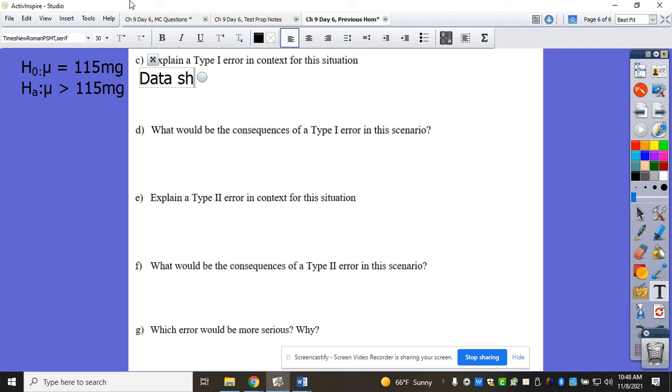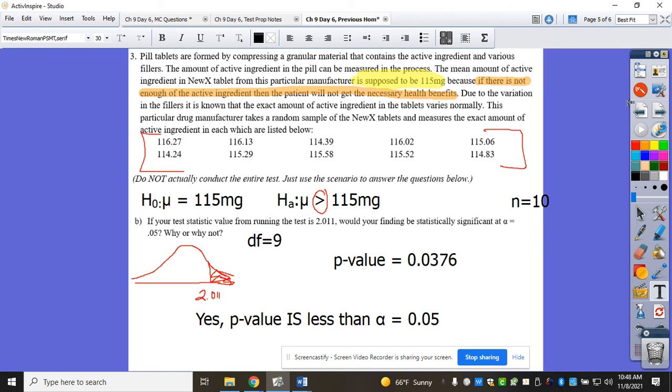And so why would we reject? So the data showed that mu was... but what? That's actually not the case. So in words, in context here, this would be saying we found that what in context to this problem?